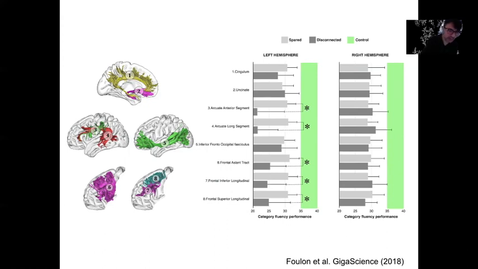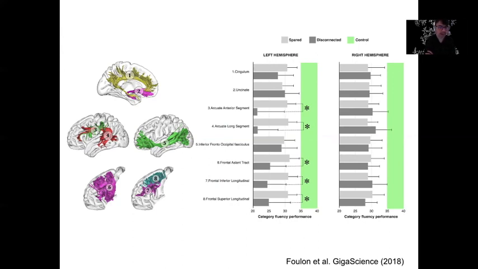And we can see that because controls here in green are never crossing the confidence interval that we can see as a little line of the patients, whether they have a disconnection of the track or not. But among the disconnections that are possible in the frontal lobe, some are worse than others.